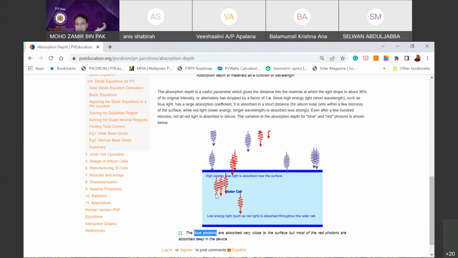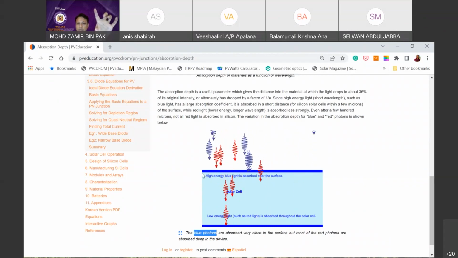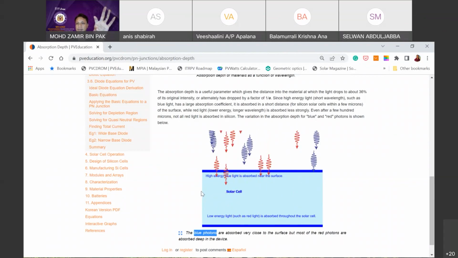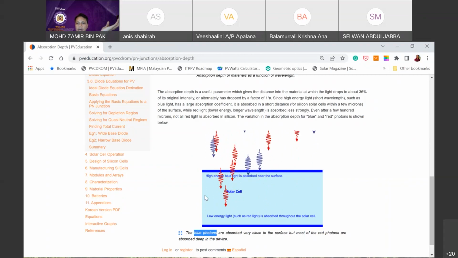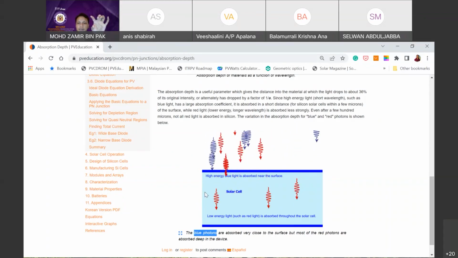So just imagine this whole thing is your thickness, right? If your thickness is not enough, just imagine if you halve this thickness, same area, thickness halved, that means your volume is reduced quite significantly. So there will probably be transmission of red photons at the back. Because the photon has just reached around halfway or so, but then the volume is already finished. When it reaches the end, the crystalline silicon is no longer present.